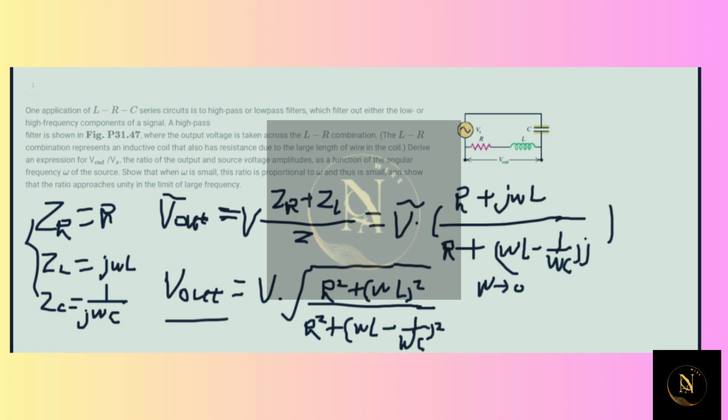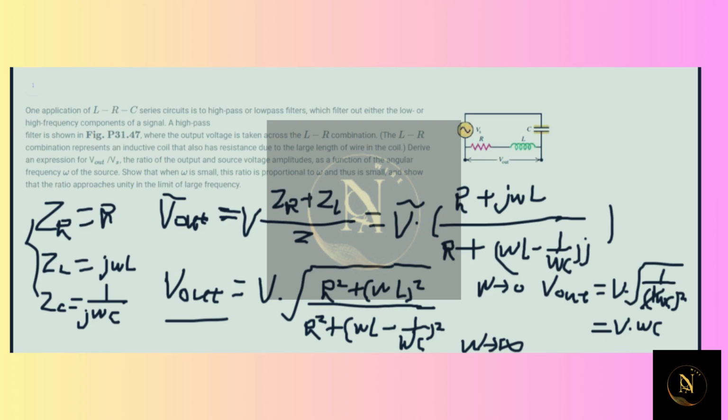In the denominator, R squared is a constant, and the 1 over omega C term dominates. So V out is close to V times the square root of 1 over (1 over omega C) squared, which simplifies to V times omega C, linearly proportional to omega.